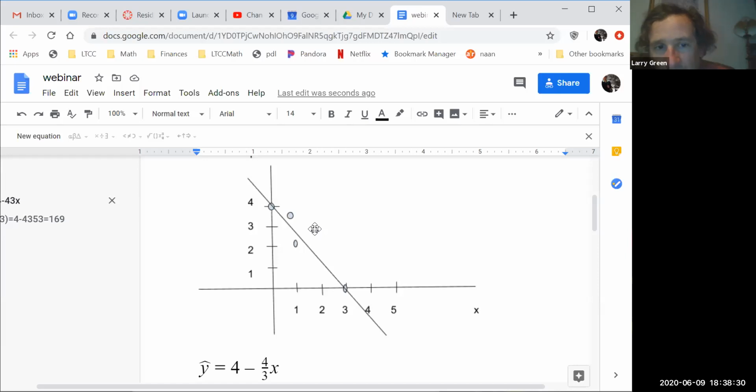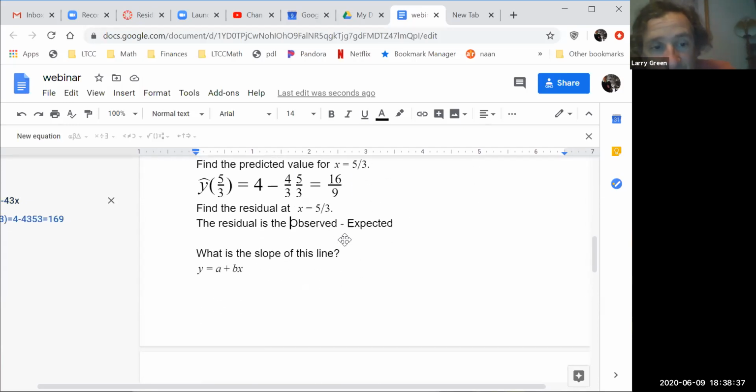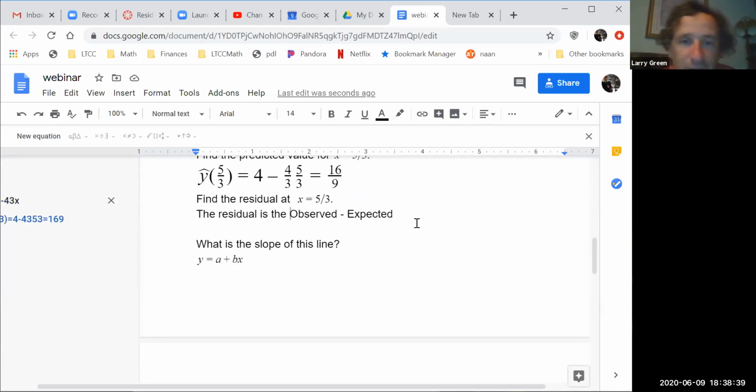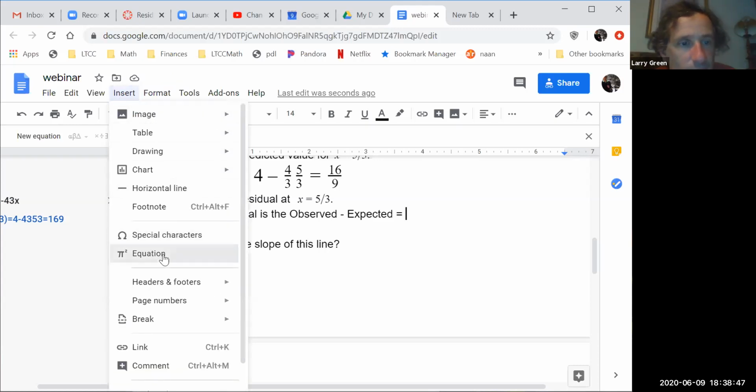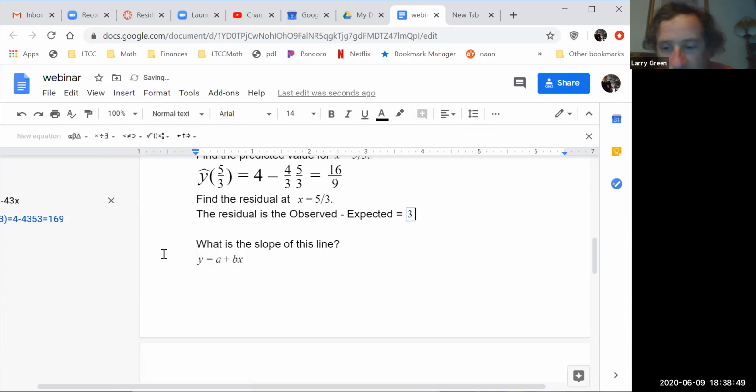What's the y coordinate of that point? Yeah, it's around 3, and I'm going to let 3 be good enough. So the observed is equal to 3, and then we subtract the expected. The expected value is what we just calculated, 16/9.